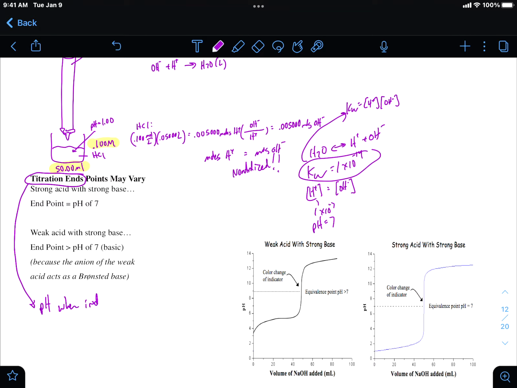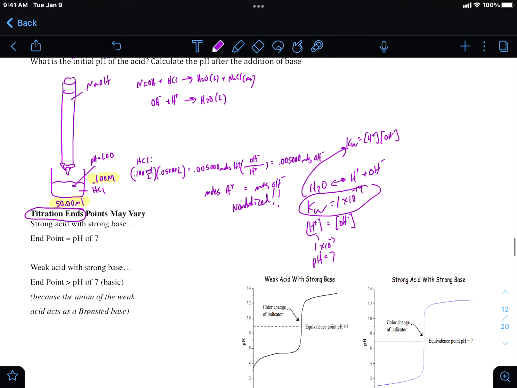Hold on a second. Actually, here, this is what I'm going to do. We'll talk about endpoints a little bit later when we talk about indicators. So I'm just going to scratch this out and say, instead of calling this the endpoint, let's call this the equivalence point. Right now, that's going to make more sense. Okay, not endpoint. We'll talk about endpoints later.